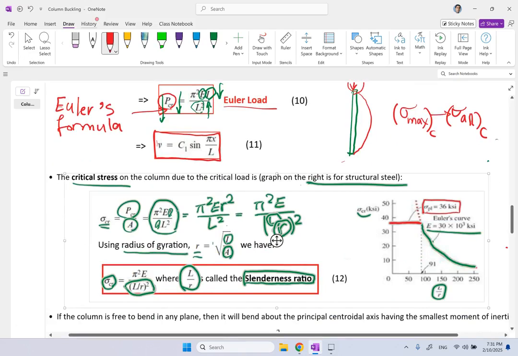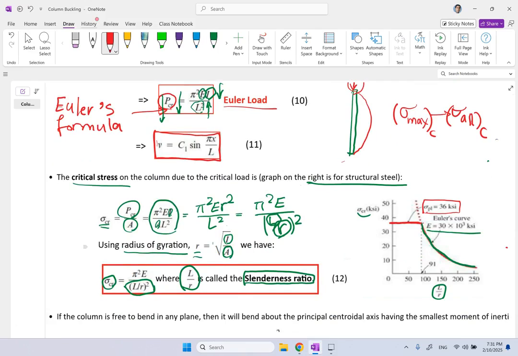My slenderness ratio only has meaning until I reach the level of failure under compression. Behind the slenderness ratio at the intersection of these two values, there will be no buckling. This will be failure under compression.